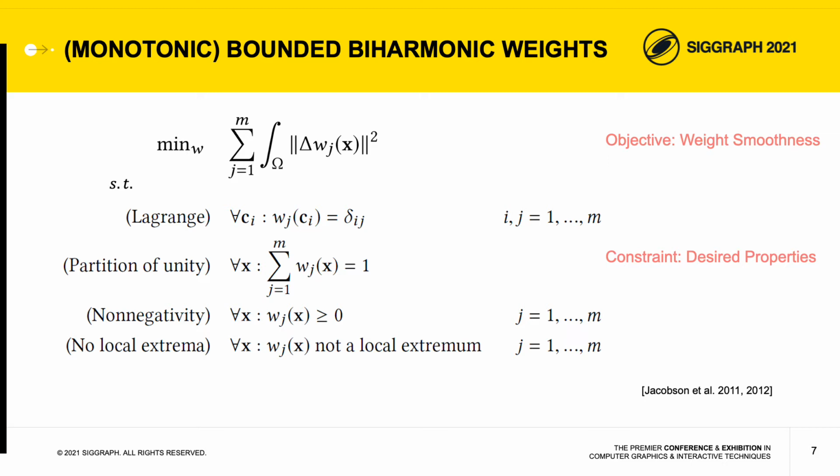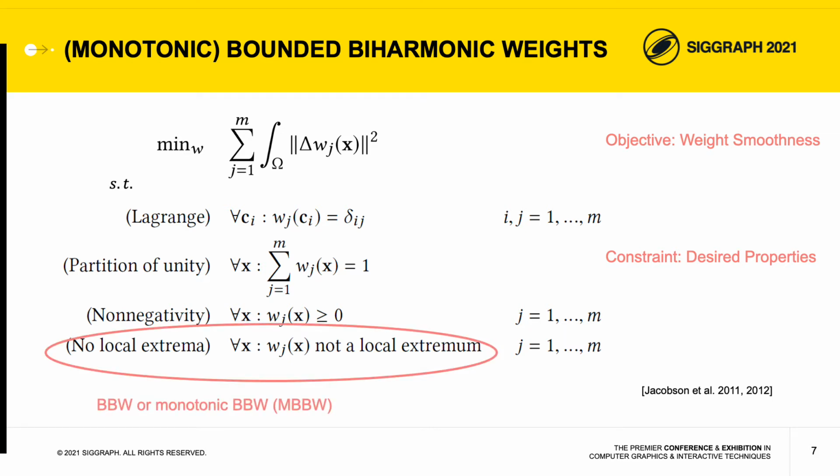It has been shown that the combination of the objective and constraints leads to desired skinning weights. These methods are referred to as bounded biharmonic weights, BBW, and monotonic BBW, depending on whether or not the last constraint is included.